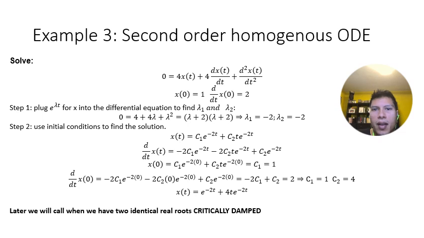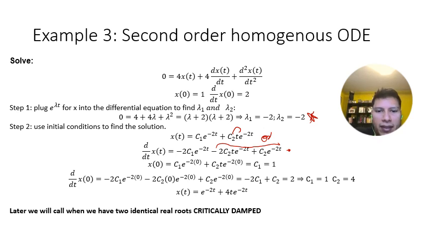We found our roots in our previous slide to be negative 2 and negative 2. So we had repeated roots, and this is the form of the homogeneous solution. Because we have repeated roots, we end up with the second term with the t. Then we took the derivative of that term, using the product rule to get two terms.